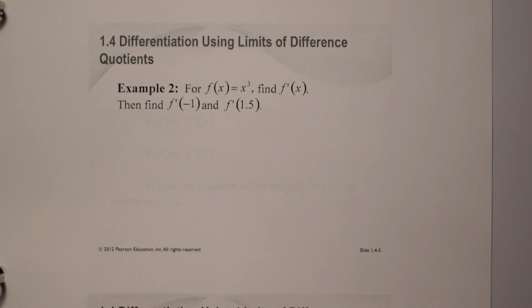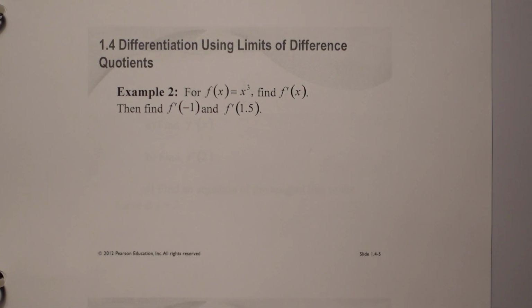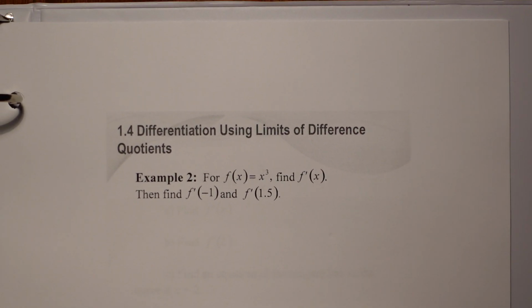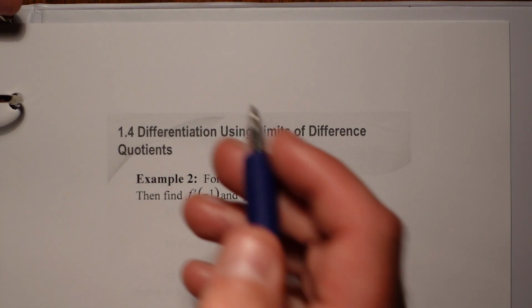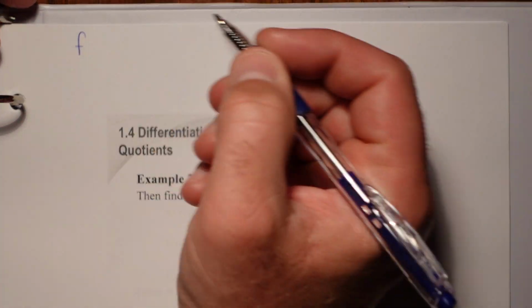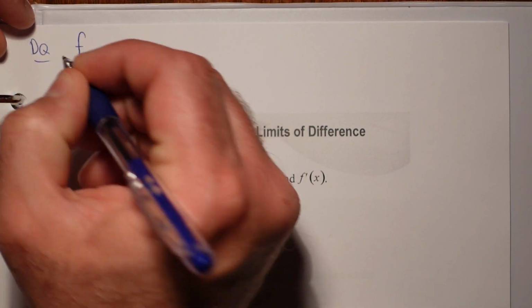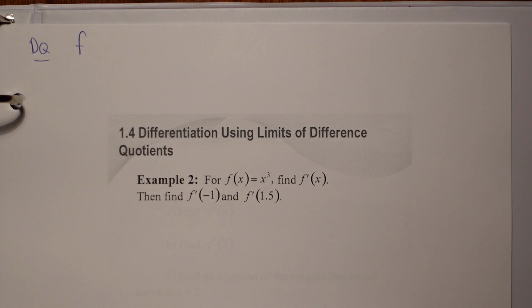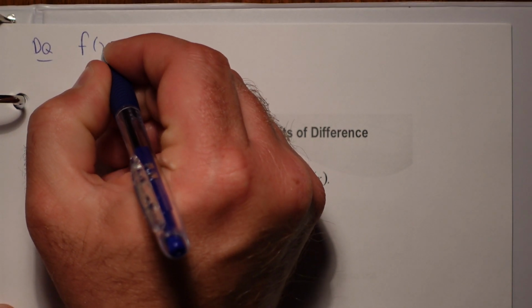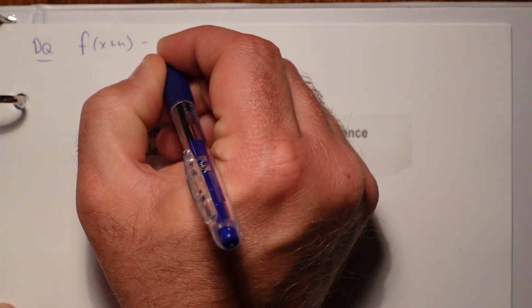Now again, this process starts by finding the difference quotient. So I'm actually going to come up here to the top where I have a little bit of room, and I'm going to start. So this is my difference quotient. Now again, I think we had this particular difference quotient back in section 1.3, so it hopefully seems pretty familiar to us.